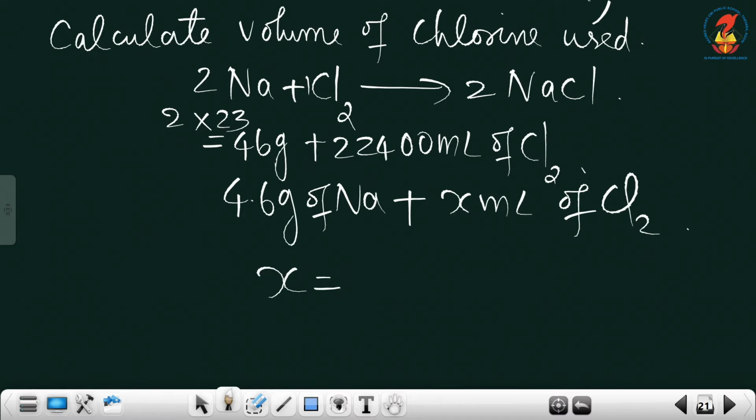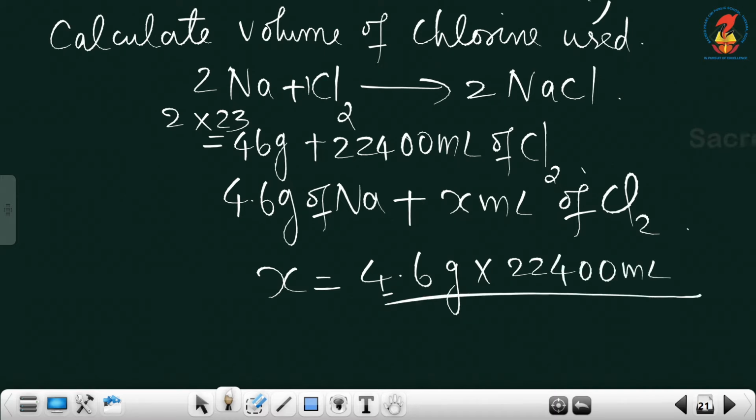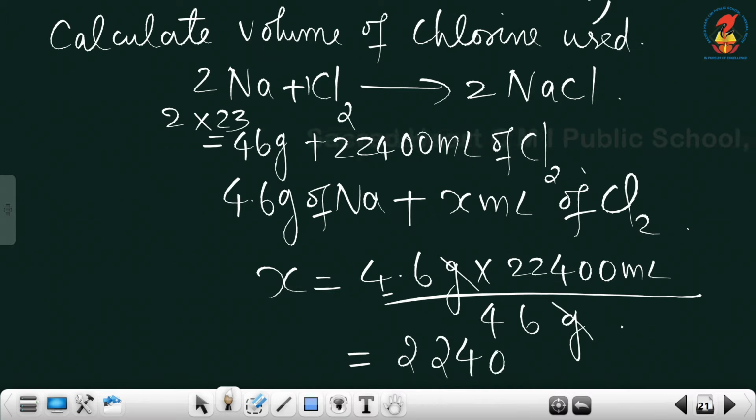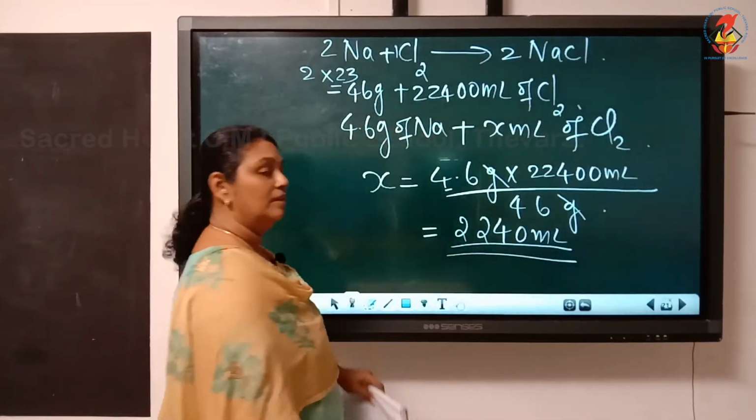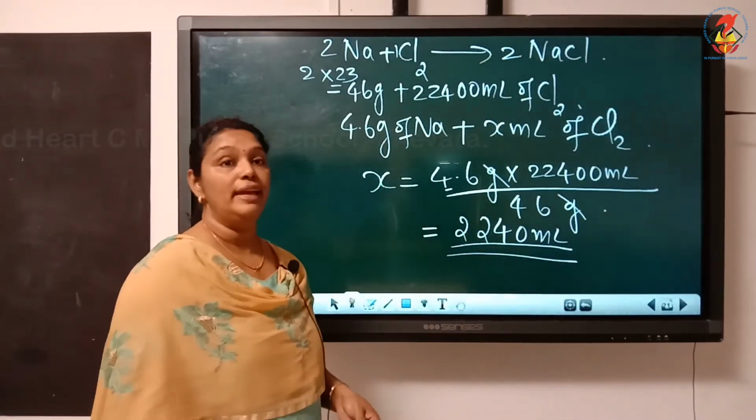X will be equal to 4.6 gram into 22,400 ml divided by 46 gram. Gram and gram get cancelled and you get the answer as 2240 ml.